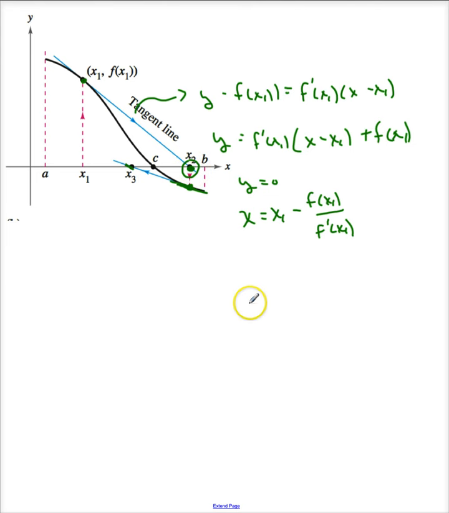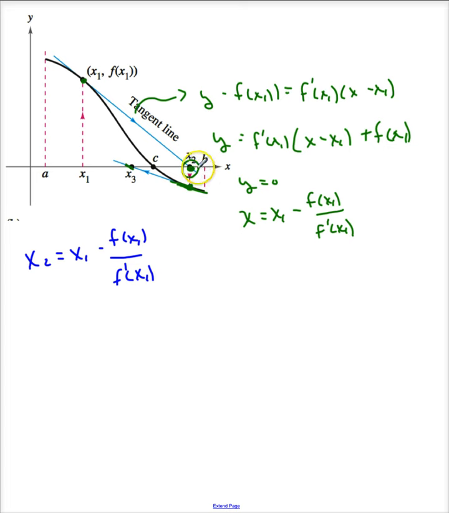So let's try this one. Let me switch colors here. If I now have x2 is x1 minus f at x1 divided by f prime at x1.